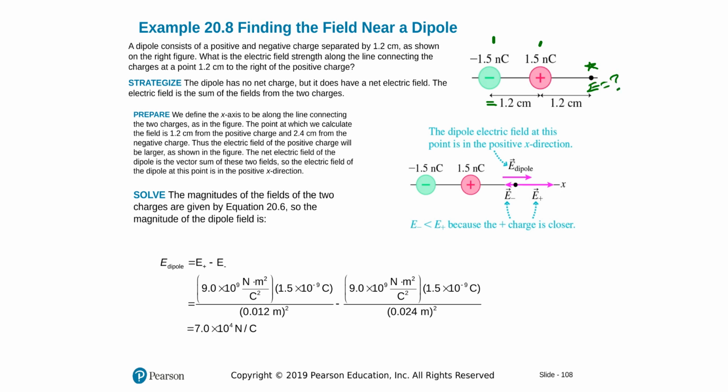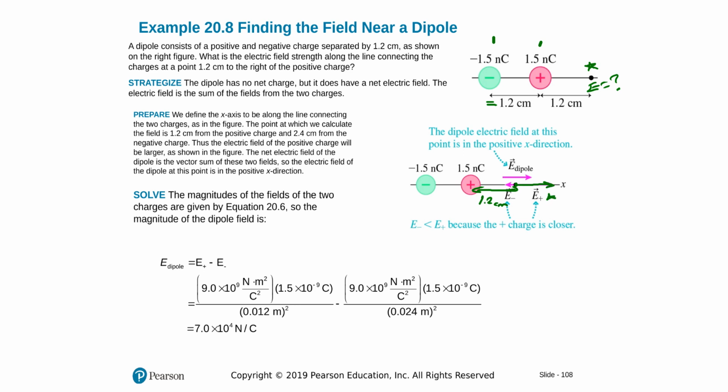What we do in this case is we find the electric fields due to positive and negative charges at this point. Positive charge is closer. Actually, it has a distance of 1.2 centimeters. So it will have a larger electric field away from itself, E positive shown here.